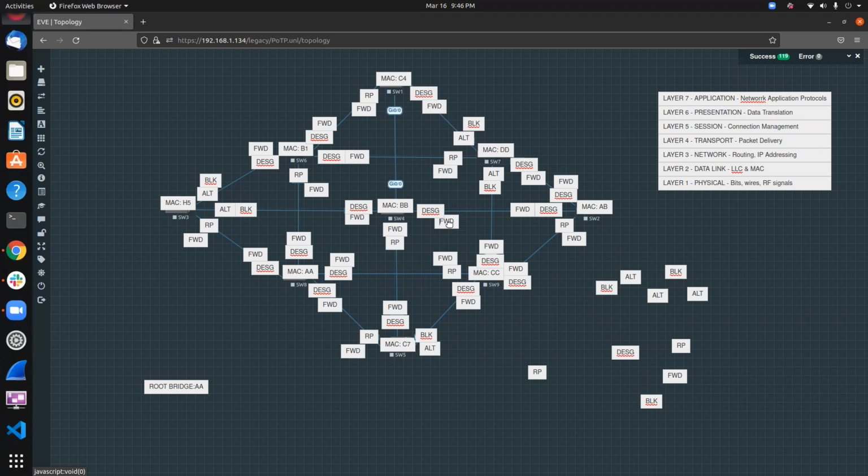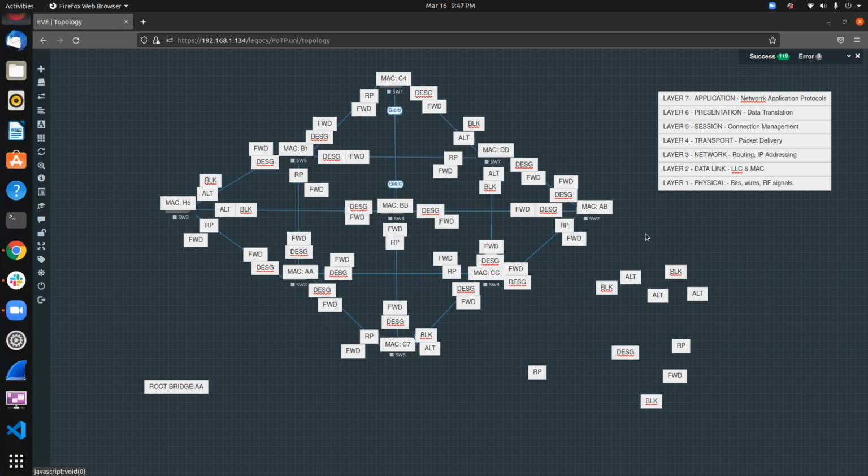I had an election because, first of all, costs are equal. And then we had priority being equal, excuse me. So then I went to MAC addresses. I chose the lowest bridge ID. So BB and AB, since AB is already selected, it's forwarding designated, the state is already selected.